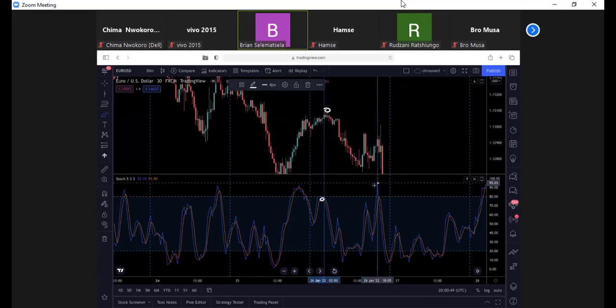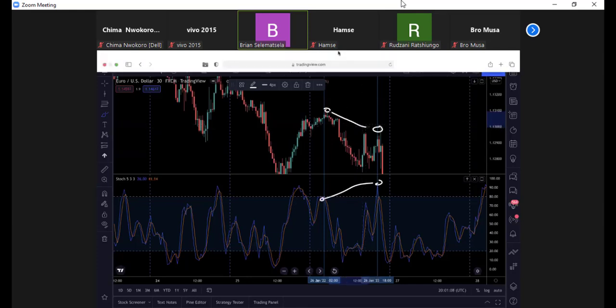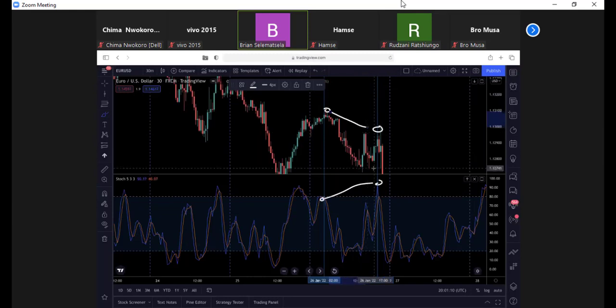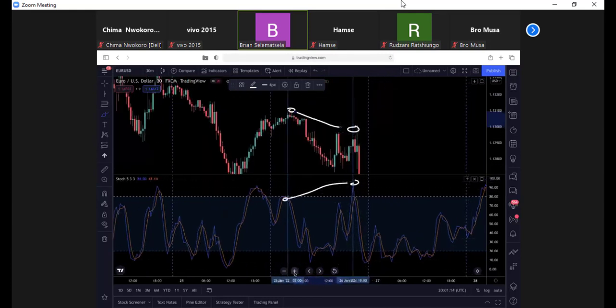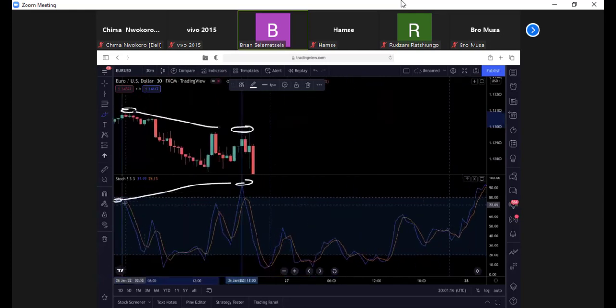When the market was there, the stochastic was there. And here's another scenario where both of the points on the stochastic touched the overbought line. Now, as long as the second point touched the overbought or oversold, we don't care really much about the first point.